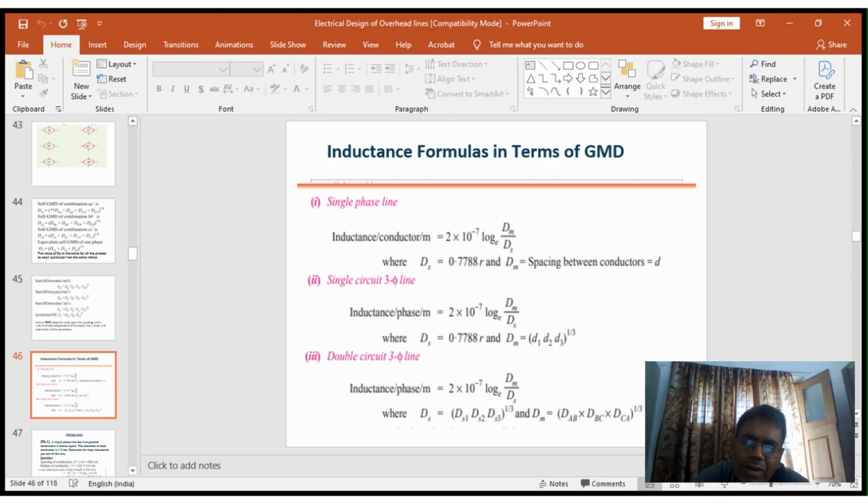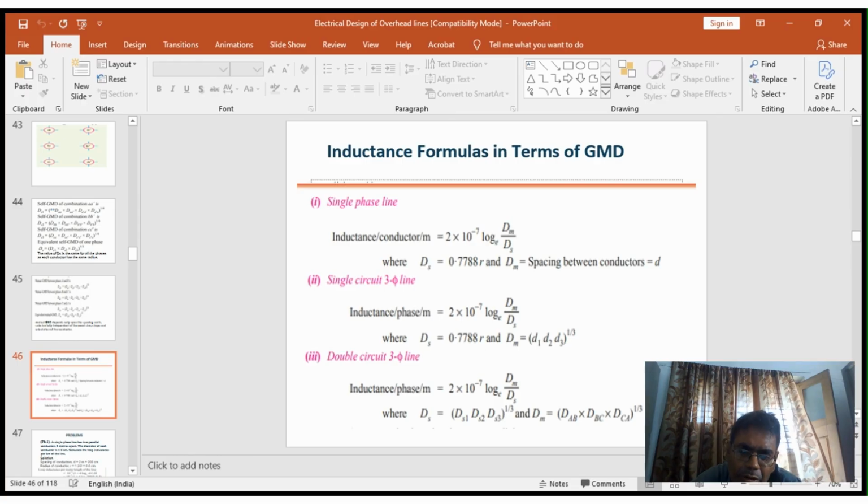These are the important formulas for evaluation of inductance. For a single phase line, 2 into 10 power minus 7 ln Dm by Ds. Here Ds is equal to the self GMR of the conductor, 0.7788 into r, and Dm is equal to the spacing between the conductors, that is small d. In case of a three phase line, 2 into 10 power minus 7 ln Dm by Ds, where Dm is equal to d1 d2 d3 whole power 1 by 3, that is the geometrical spacing.